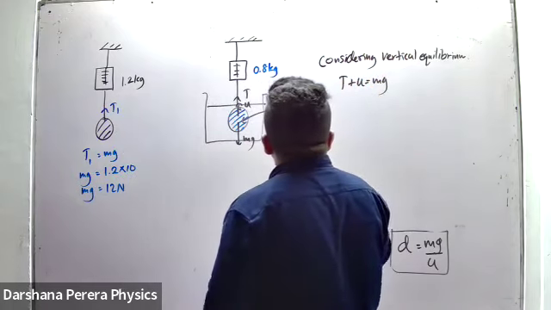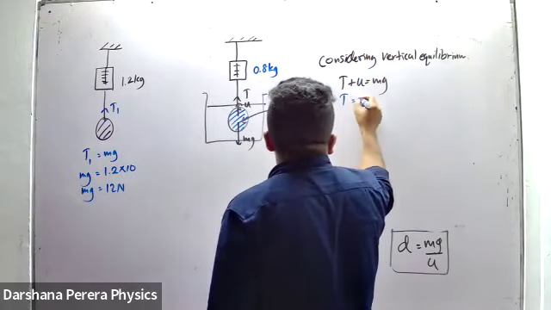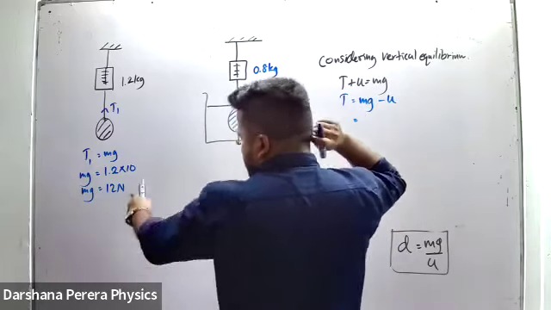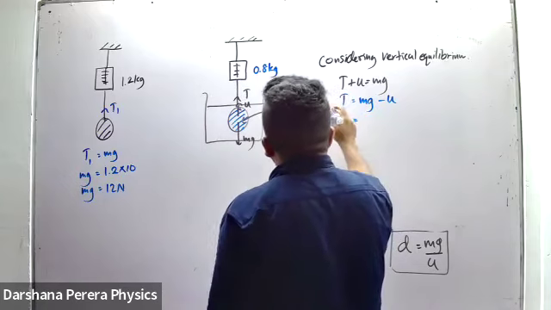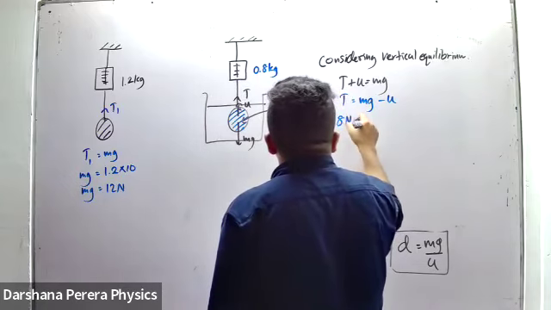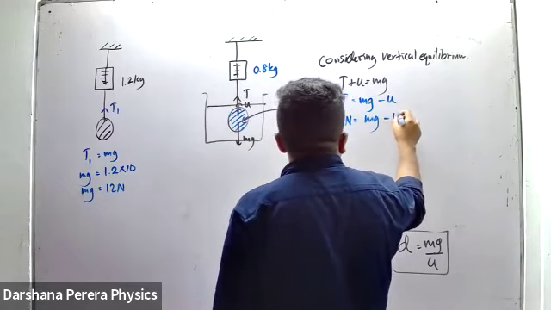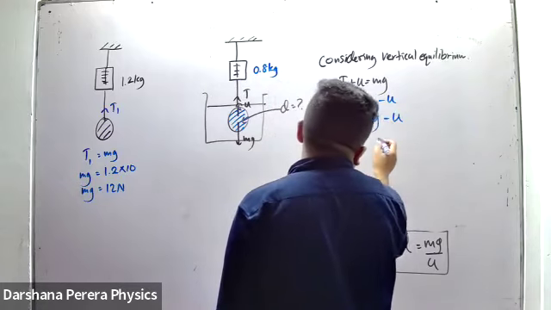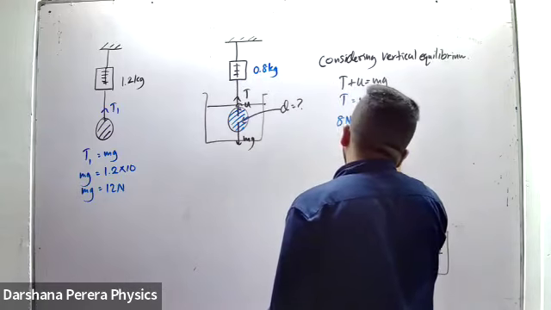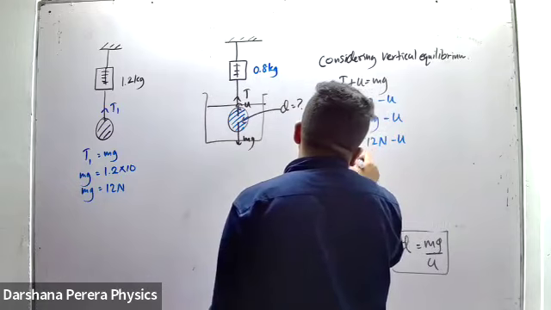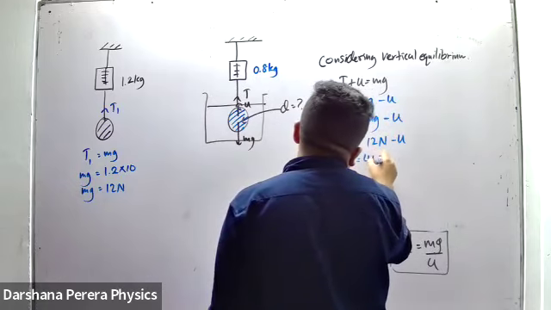T equals mg minus U. Mg means 12 Newton. T equals 8 Newton. So U equals 4 Newton.